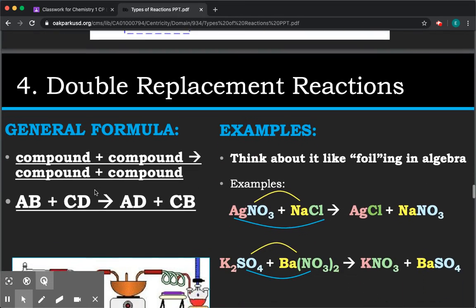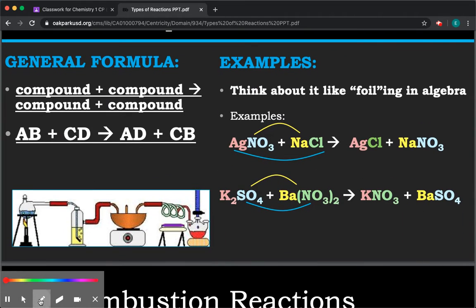Let's look at an example. Okay, let's call this A, B, C, and D. And then after the swap, you end up getting AD and CB.